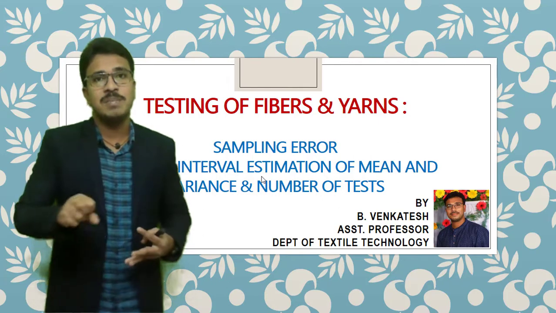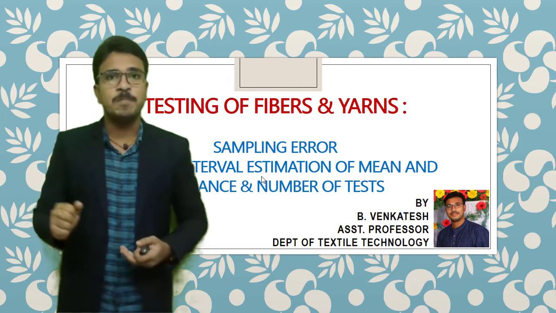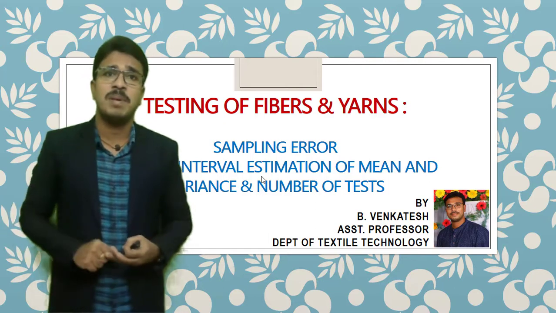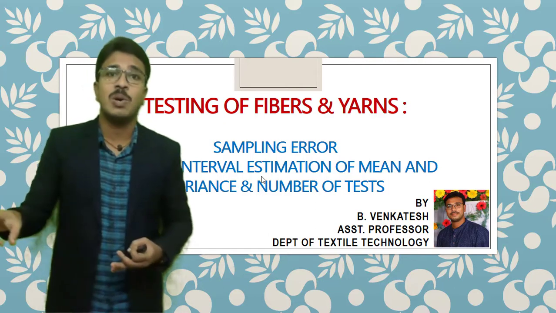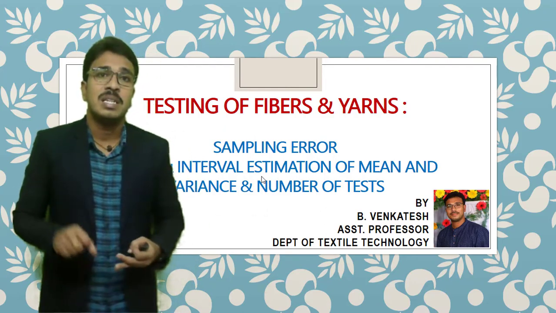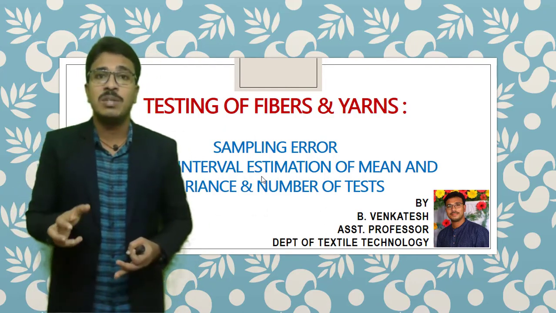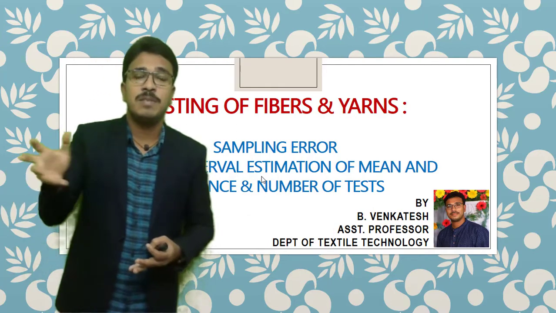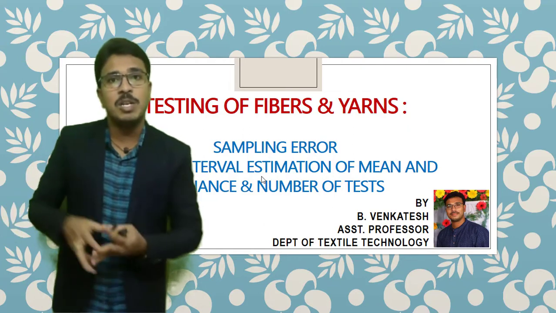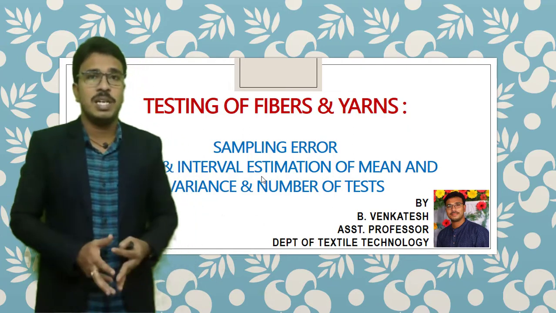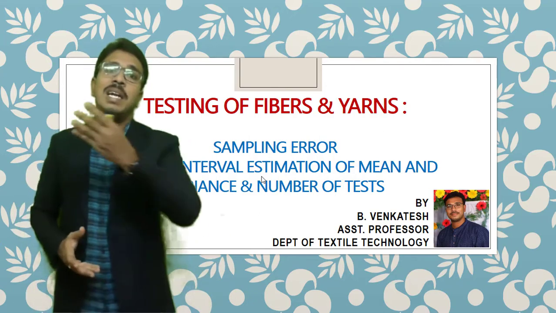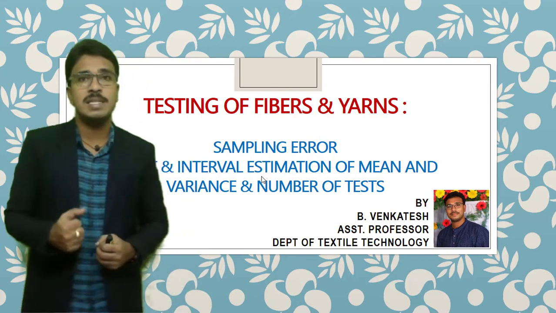That sample might be 1 kg, or 2 kgs. That is called a sample. Whatever results you get from the sample, you apply to the entire population. Suppose the sample you have measured is of good quality, and you relate the same to the entire population. That is called sampling.